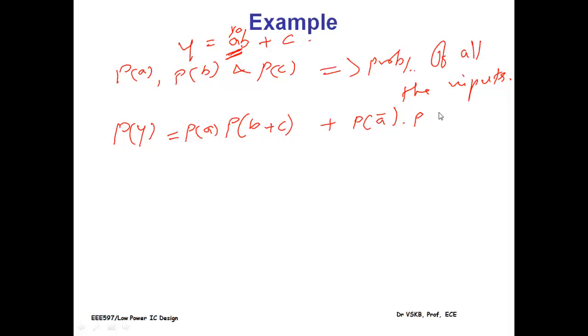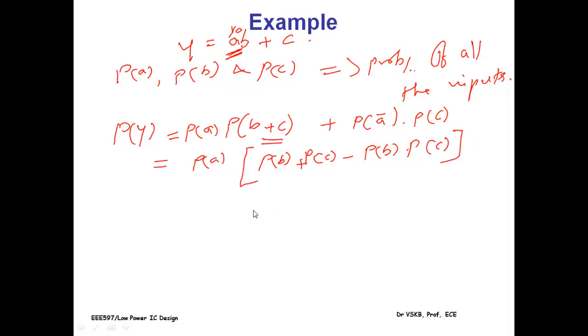Therefore, it would be P of A bar multiplied by P of C. So this is equal to, I have an OR function here, therefore P of A times P of B plus P of C minus P of B times P of C, plus I have here a P of A bar, which is going to be 1 minus P of A, times P of C. Go for simplifying this.